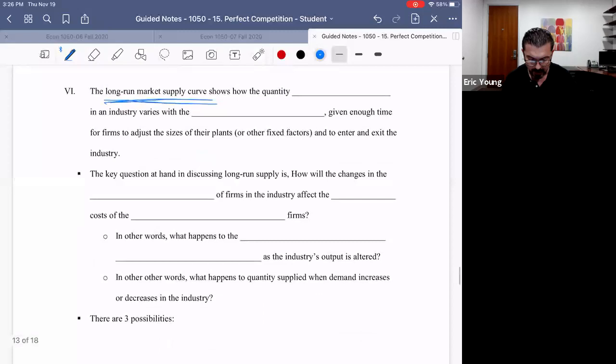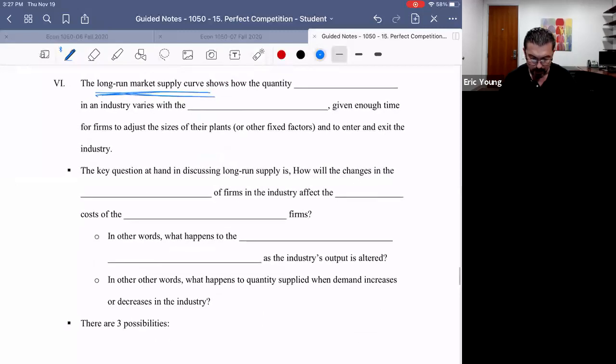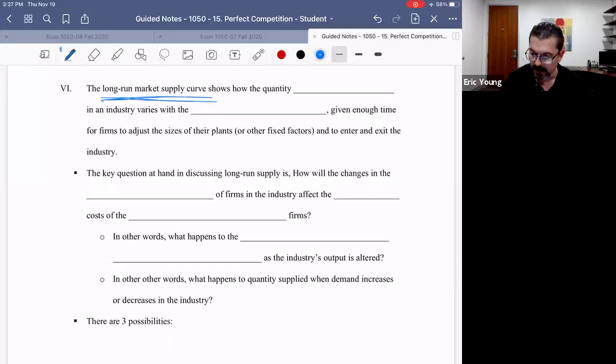So let's jump in with a really quick discussion of long run market supply curves. And let's first start with the definition. A long run market supply curve shows how the quantity supplied in an industry varies with the market price.